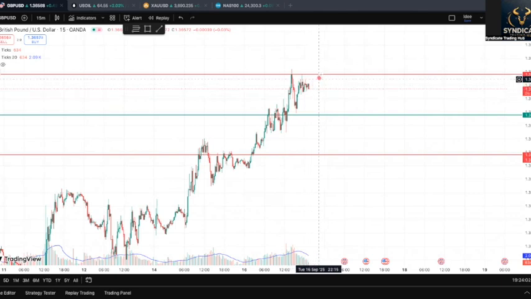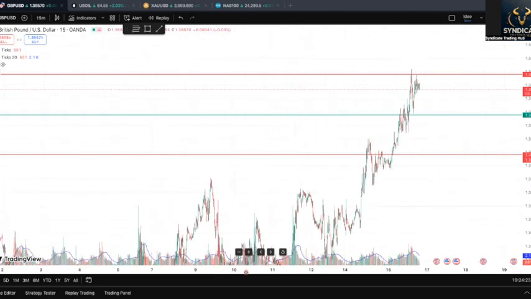Maybe price will come and react here. If it leaves a rejection, like the way it's left a rejection here, then I can sell it and target here. So that is the normal support and resistance that we have, and that is how to identify the traditional value when you are trading.